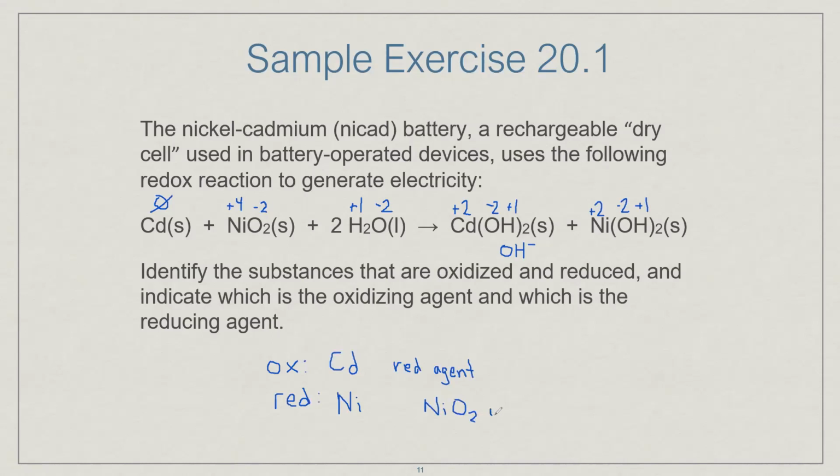So with these reducing and oxidizing agents, those are always going to be the reactant itself. Those are the species that are actually causing this process to occur. With the cadmium, since that's just the element by itself, we're going to consider that to be the reducing agent, whereas the nickel is part of nickel 4 oxide. So we're going to consider that entire compound to be the oxidizing agent in this case.